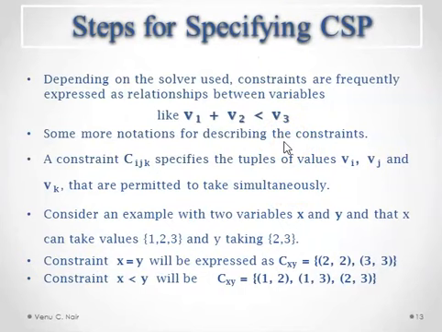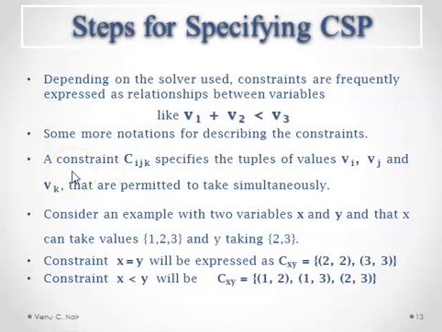Normally, depending on the method used for solving a problem, the constraints are expressed in terms of the relation between the variables. We have a variable set, and the relations between those variables are expressed for solving a problem. Let us see some examples.